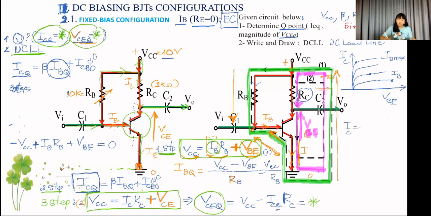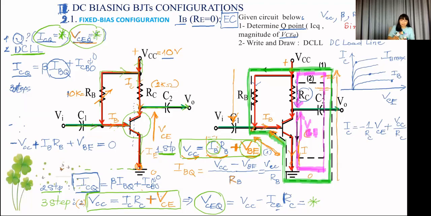IC is equal to minus 1 over RC, VCE plus VCC divided by RC.